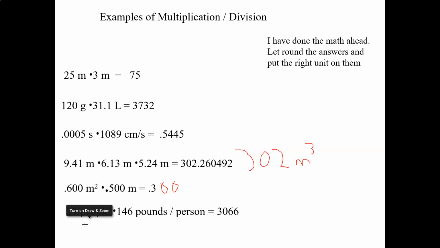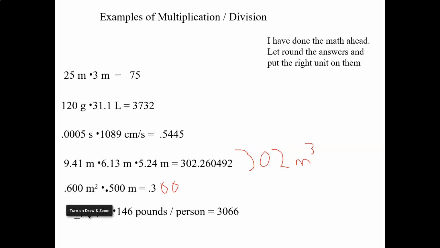The next one, you probably can't read, but it says 21 people times 146 pounds per person. Now 21 people, that doesn't have 2 sig figs. Let's see if you can figure out how many sig figs 21 people has. Well, how did I arrive at my people number? Did I get out a people meter, my people ruler? No, I counted. So remember, when we count, we have infinite sig figs.